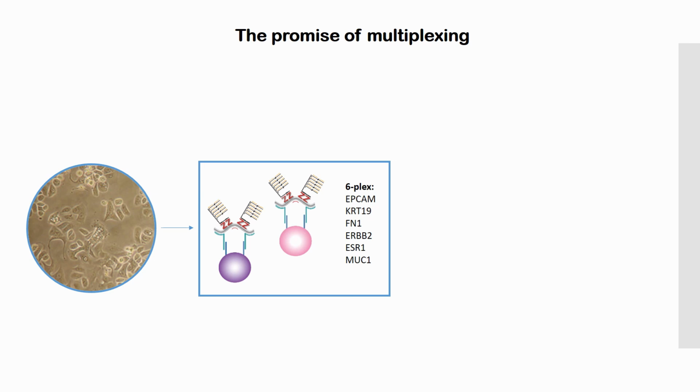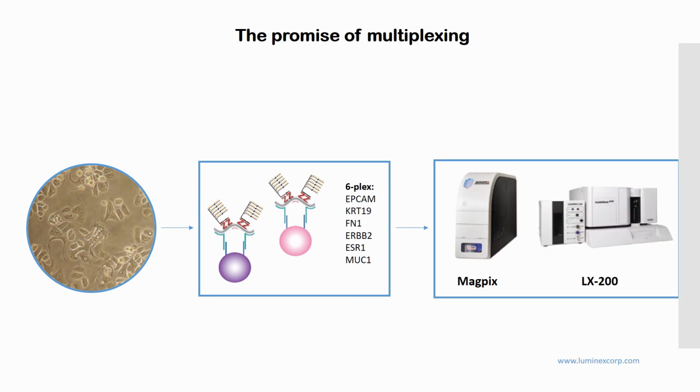Here we have a 6-plex looking at CTCs. We have EpCAM, cytokeratin 19, and FN1, a marker that we work on a lot, and we've shown that it is involved in early invasiveness. Then we have HER2, ER, because we had breast cancer cell lines for this particular study, and MUC1, and we use Luminex technology to read these.